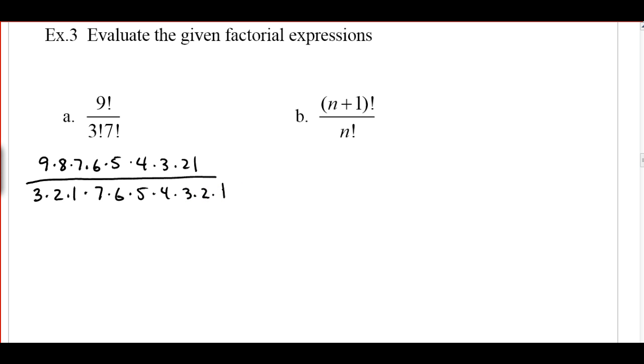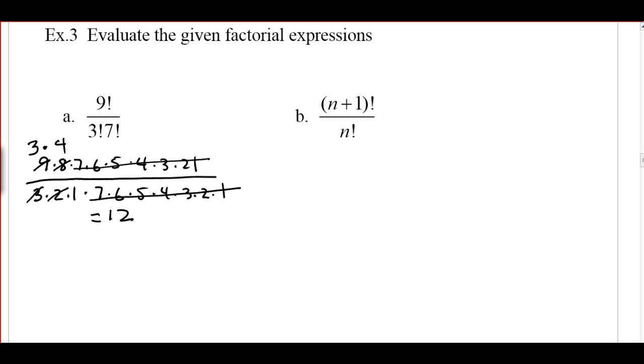And then since we've got all multiplication, we can cancel some things out. I've got a 7 times 6 all the way down to 1, and a 7 times 6 all the way down to 1 here. So those would cancel. I can cancel this 3 with that 9, and that becomes a 3, and that 2 with that 8, and that becomes a 4. So then the only thing I have left is 3 times 4, which becomes 12.